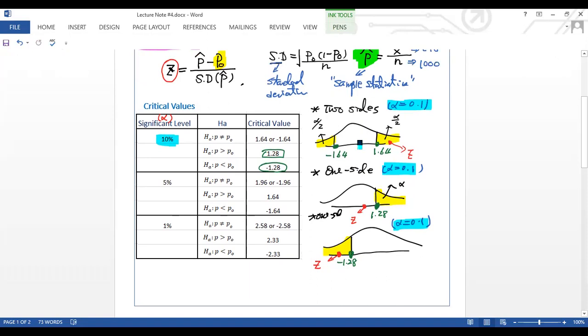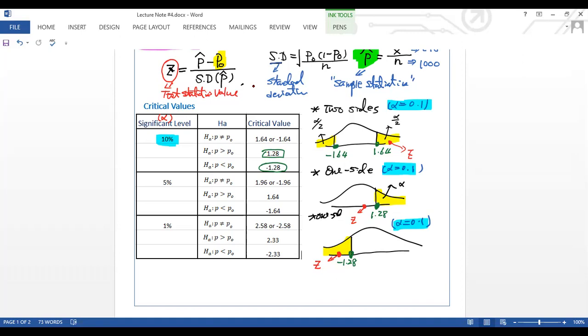So with these critical values, remember you compare your test statistical value, the z, which is your test statistic value here. You use your test statistical value to compare with the critical values.